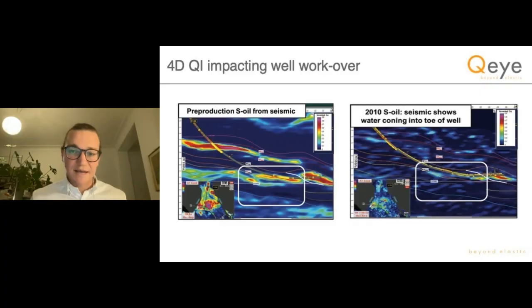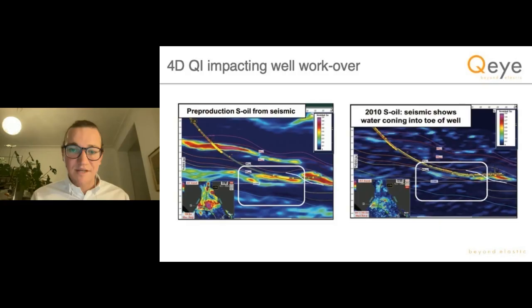And finally, here's an example of what the water saturation results look like through a horizontal well bore. So on the left-hand side, we can see a horizontal well bore that was drilled into two distinct anomalies, and we can see that there's hydrocarbon that's been identified in the rock physics inversion in those two different bodies.